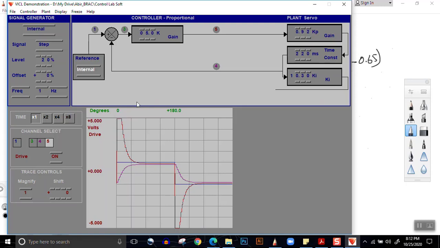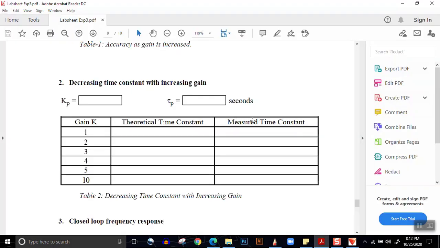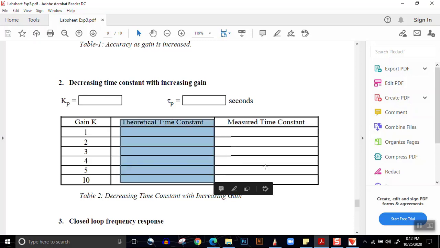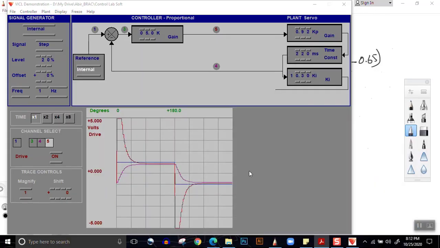This drive saturation occurs at high values of gain, and because of it, we will see that the experimental value, that is the measured value, will be different from the theoretical value. I don't know if these are shown differently in simulation mode, but they might be different, and this difference is created because of drive saturation.